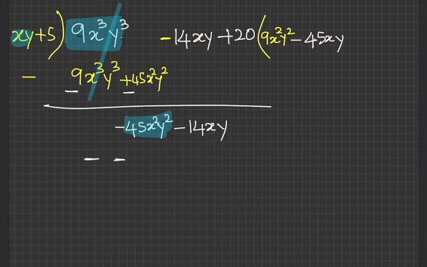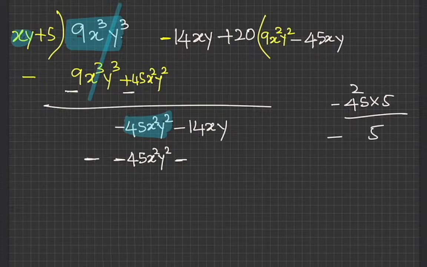So I get negative 45x squared y squared, again minus, that is negative 45 times 5, so that is negative, so I get a negative product, 225xy. So I have negative 225xy.